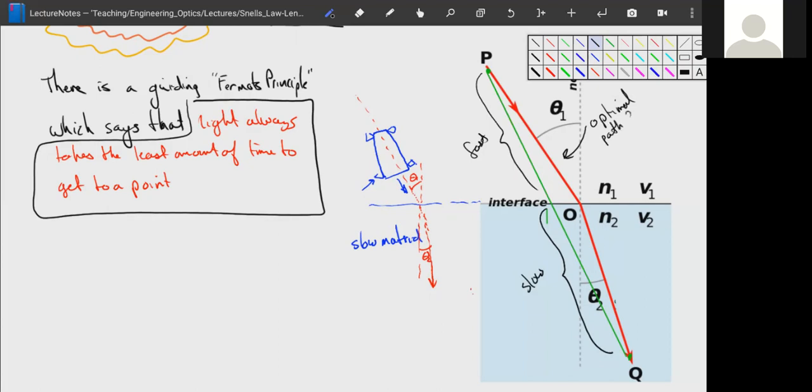And actually, if we wanted to, we could do the calculus and describe this geometrically, take the derivative, set it equal to 0, and we find out that the minimal time is this ratio of angles here.